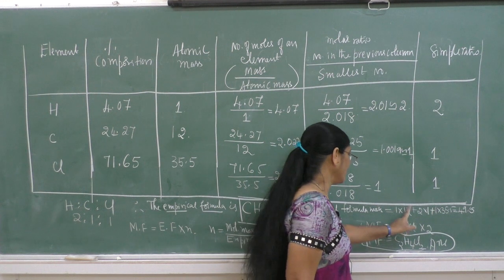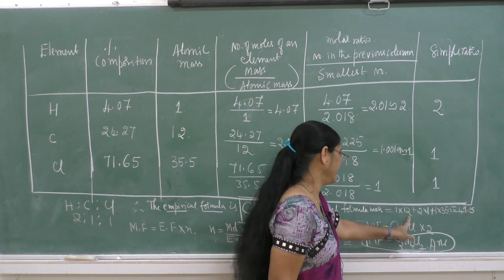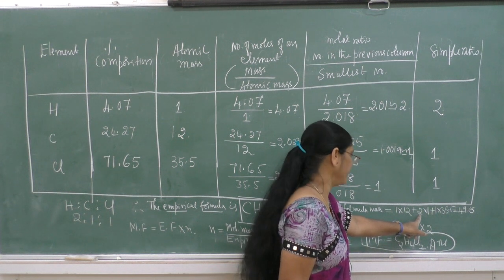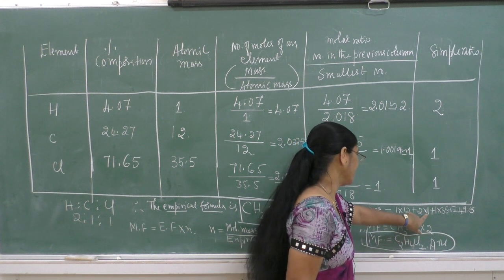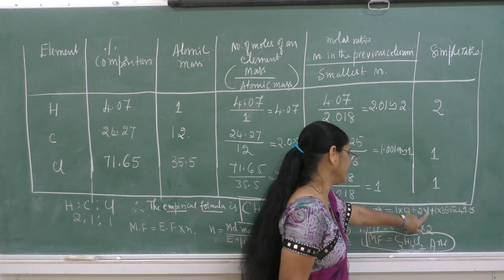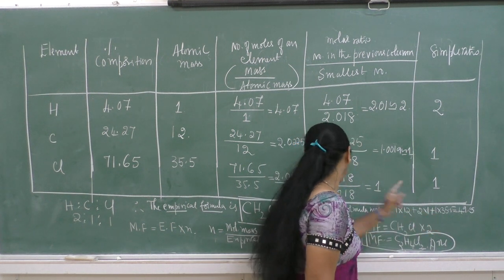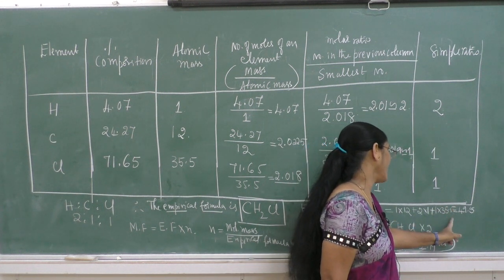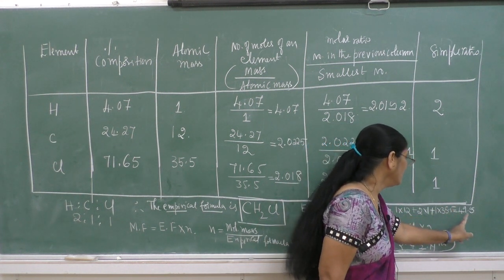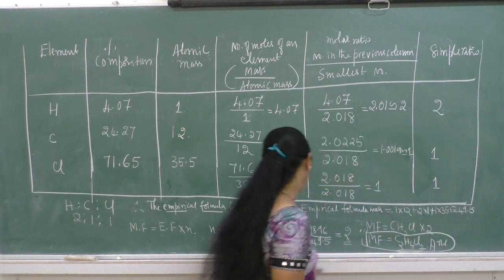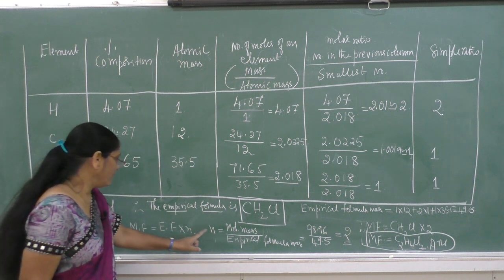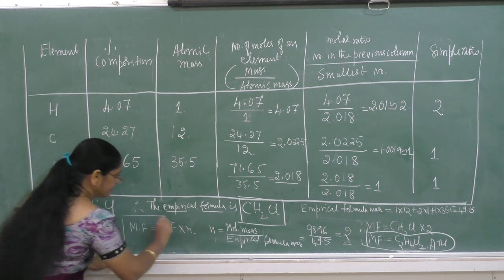So, 1 into the atomic mass of carbon, plus 2, the number of hydrogen atoms in the empirical formula, into its atomic mass 1, plus the 1 chlorine atom into 35.5. The sum is equal to 49.5.